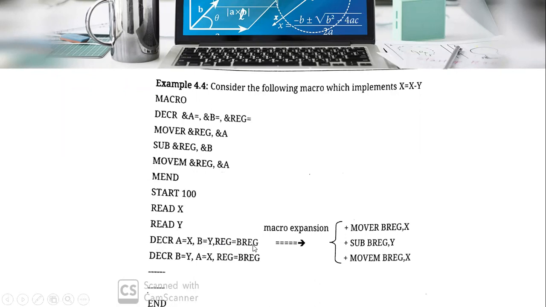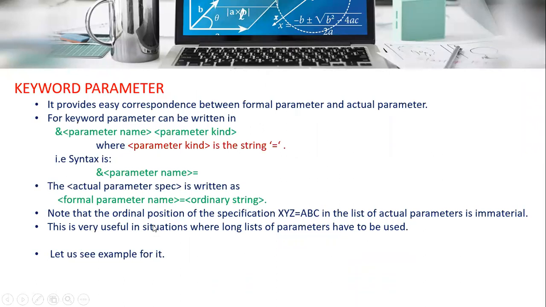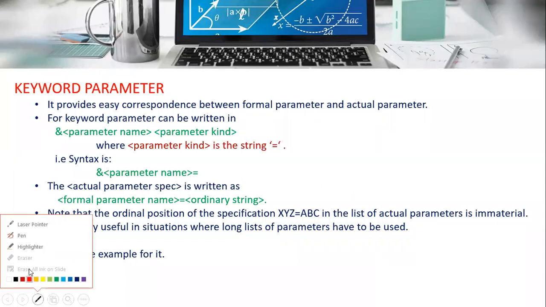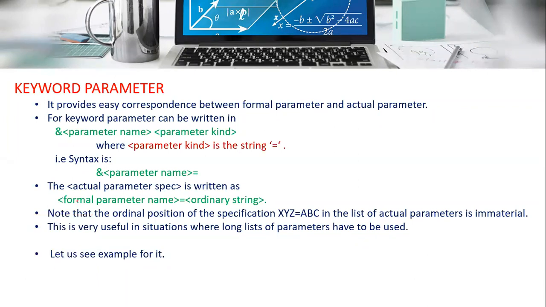as the b register. Now here we can consider in this case, in the previous example, that instead of the formal parameter we can use the actual parameter name equal to ordinary string. Ordinary string contains the name of our formal parameter. Okay, instead of actual parameter we can consider the formal parameter.